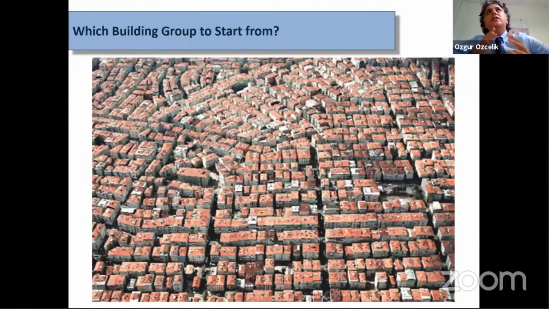So the question is, this takes a lot of time, right? Which building group to start from? Because some of those buildings that you see in this picture are riskier than the others, right? If I show you a picture like that and ask which ones to start from, that's a hard question.